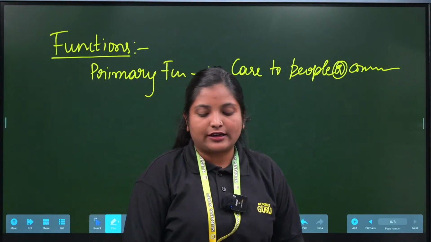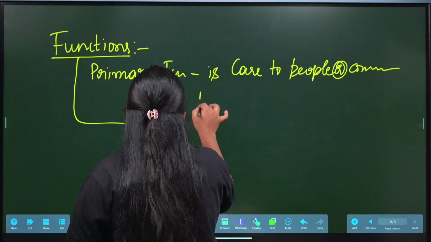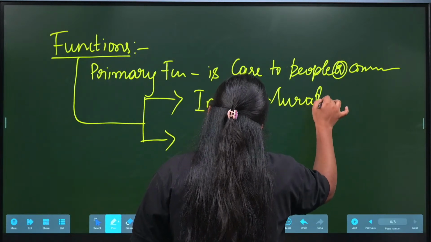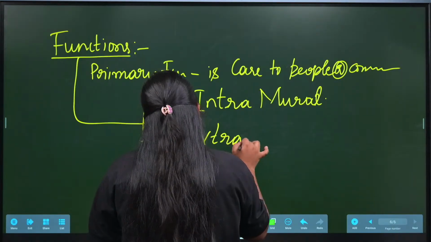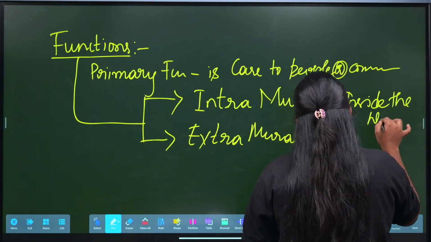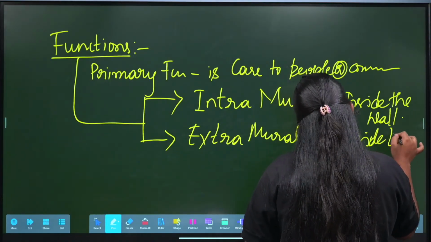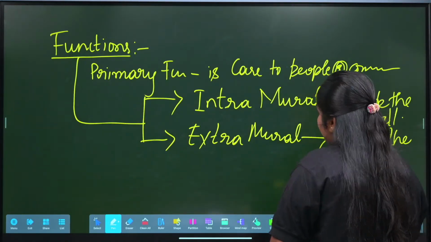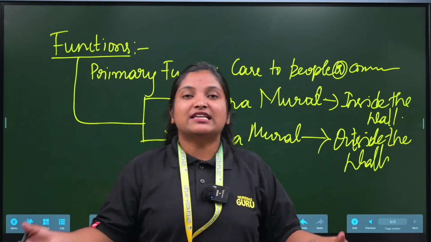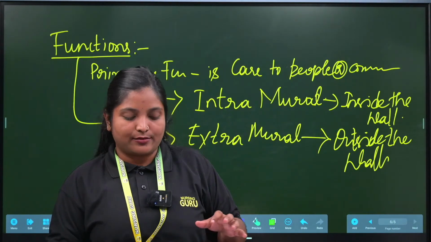The hospital functions are then divided into two: intramural and extramural. These are the two distinct functions. The first one is intramural, inside the walls of the hospital, whatever functions we render and perform there. The next one is extramural, outside the hospital.